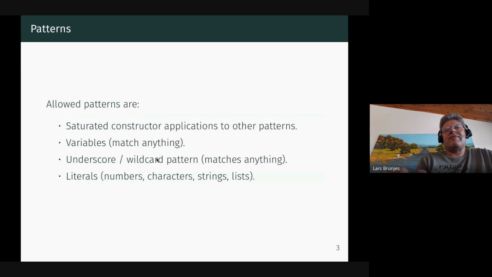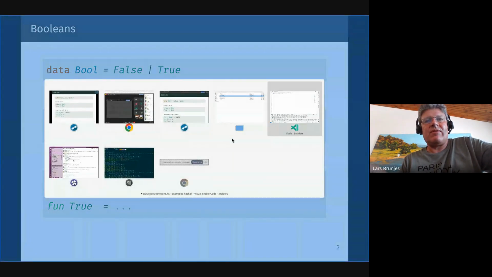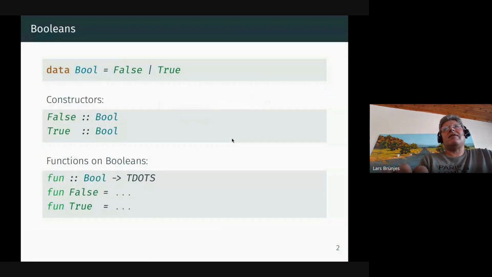There are several types of patterns. One is a saturated constructor application to other patterns. Saturated means the constructor and all its arguments. In the case of Bool, False and True don't have any arguments, so the constructors themselves are patterns.